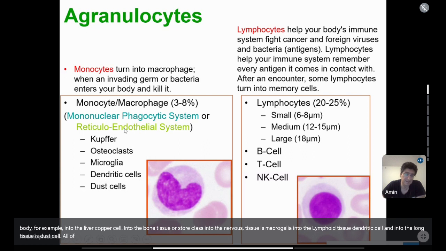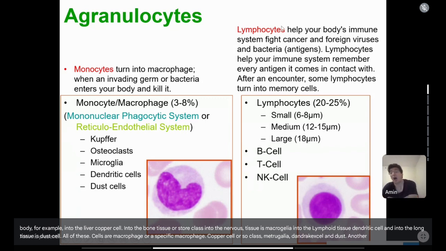All of these cells are macrophage or specific macrophage: Kupffer cell, osteoclast, microglia, dendritic cell, and dust cell.